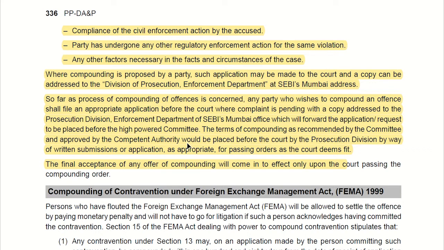The terms of compounding as recommended by the committee and approved by the concerned authority would be placed before the court by the prosecution division by way of written submission or application for passing order as the court deems fit. The final acceptance of any offer for compounding will come into effect upon the court passing the compounding order.